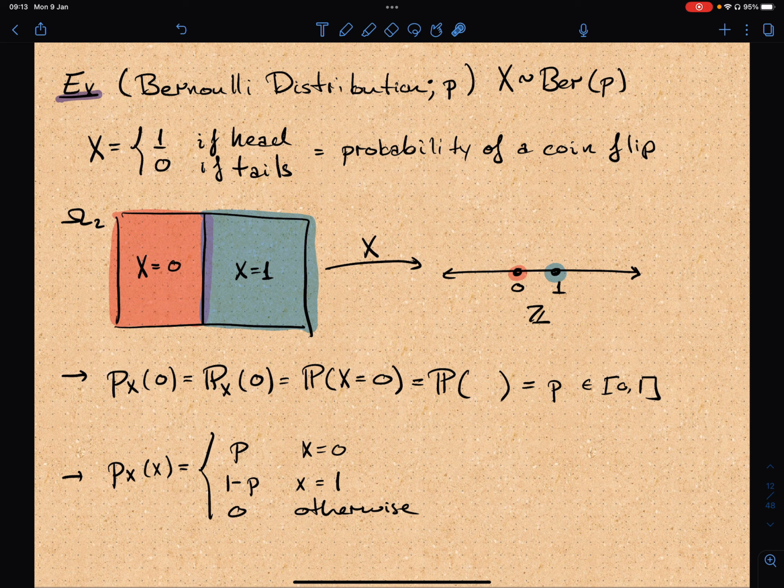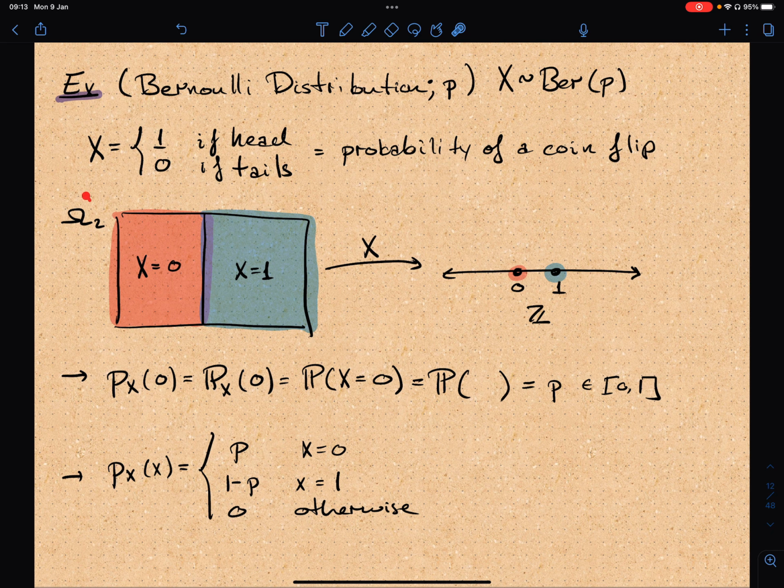The interpretation is that X is going to equal 1 or 0 depending on whether a coin flip is heads or tails. A Bernoulli random variable is a random variable that takes on two values, 0 and 1. Sometimes you'll see 1 and minus 1, but the characteristic property is that it takes on two values. You can think about it as a coin flip.